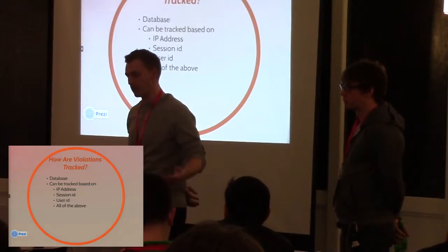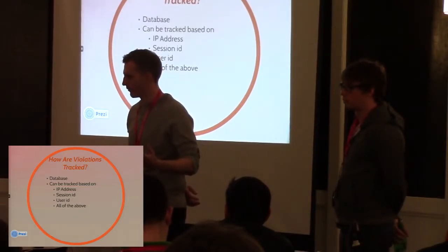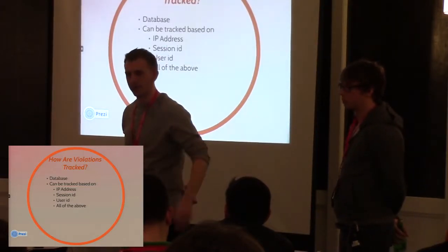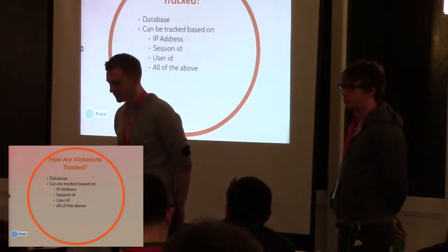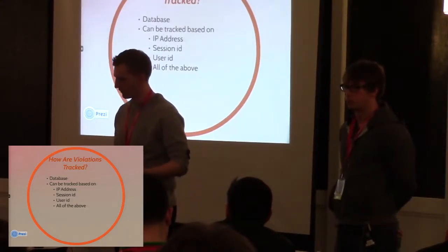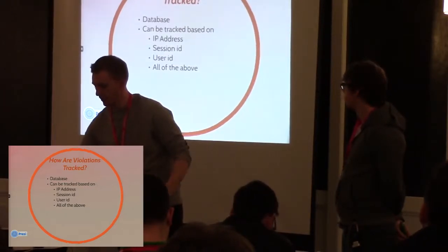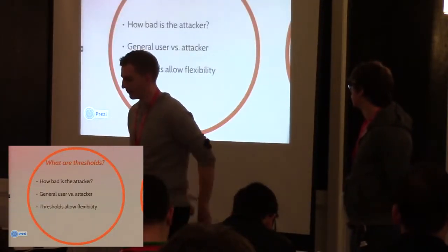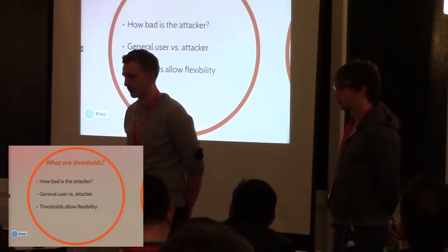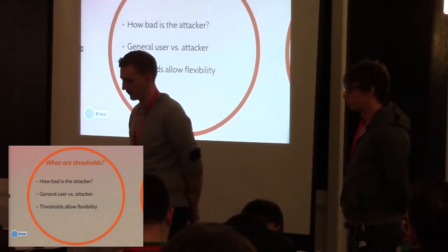Or maybe they're on the same IP, but they keep generating new user accounts because we keep locking out the initial user account that they set up. So by aggregating all of this based on all 3 of these, we think it makes it a little more robust, and we think it allows tracking things even if the attacker is doing some kind of tricky stuff to get around the protections we have in place.